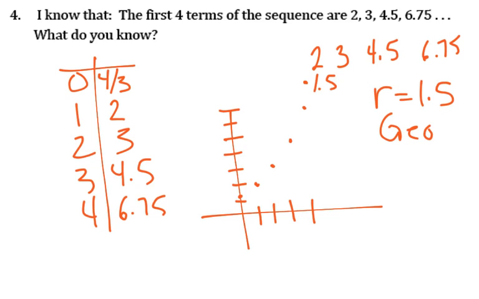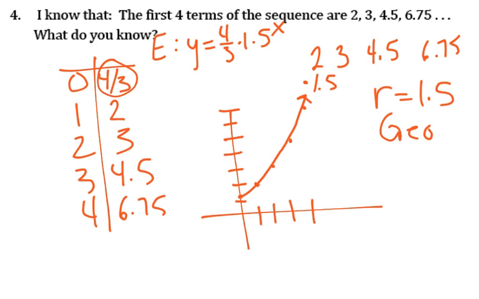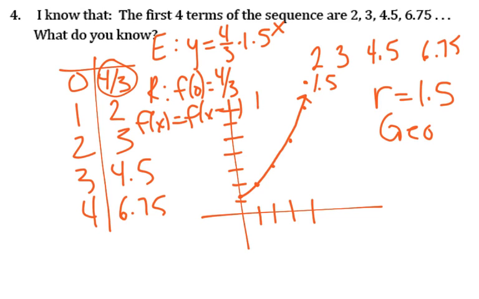So you should see a slight curve to it. Okay, can we make an explicit equation? Yeah. Y equals, we start with 4/3, and we're multiplying by 1.5 to the x. Recursive, just as easy. F of 0 equals 4/3, and f of x equals f of x minus 1 times 1.5. Okay, there we go.